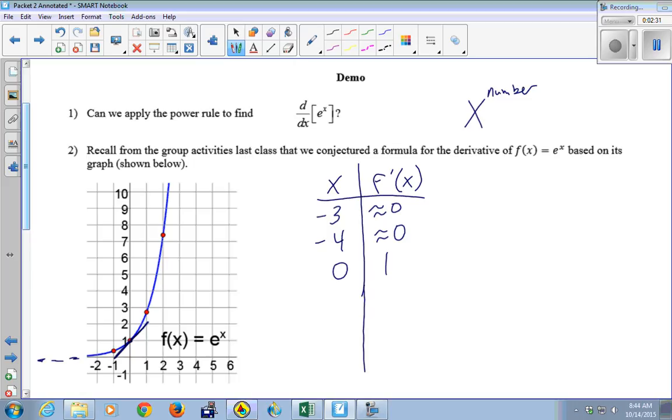Then at this special point, (1, 2.7), the slope looks close to 3, so it's steeper, like 3-ish. And over here at 2, my slope's really steep, maybe twice as steep as before, maybe 6 or 7.